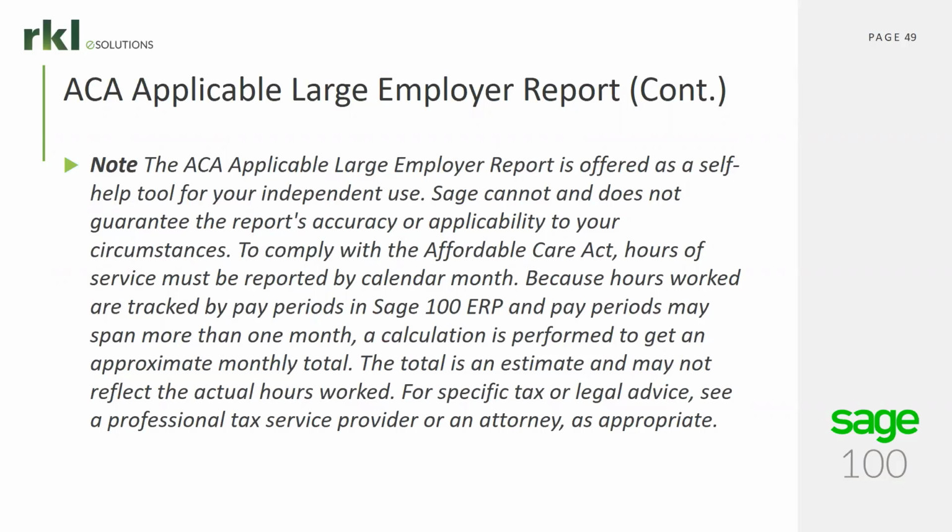Because hours worked are tracked by pay periods in Sage 100, and pay periods may span more than 1 month, a calculation is performed to get an approximate monthly total. The total is an estimate and may not reflect the actual hours worked. For specific tax or legal advice, see a professional tax service provider or an attorney.